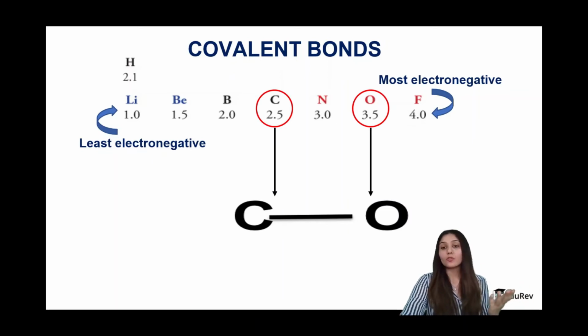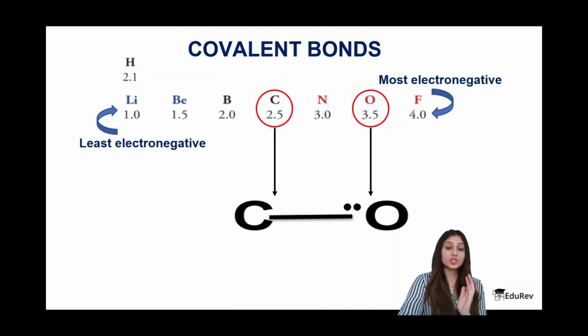So if I take an example of carbon and oxygen, okay, if I just make a covalent bond between these two, I would expect the shared pair to lie exactly in between carbon and oxygen, right? Because it's a shared pair. But it's not true. Because of higher electronegativity of oxygen, the shared pair is more towards oxygen, okay?